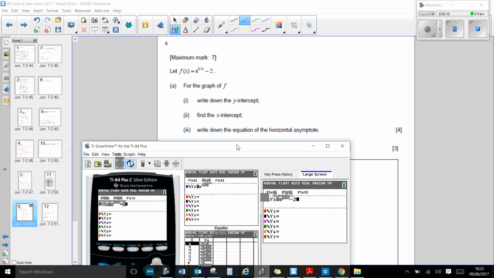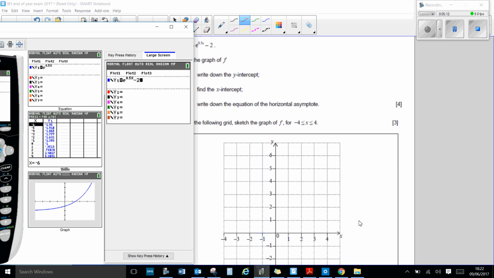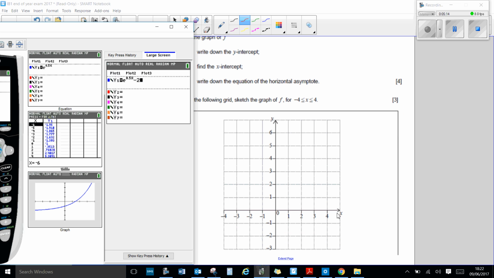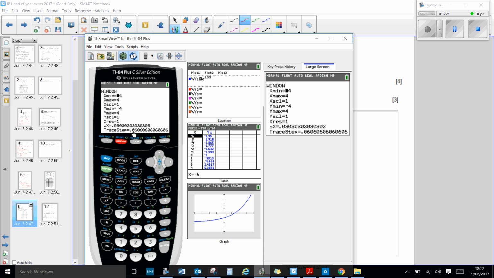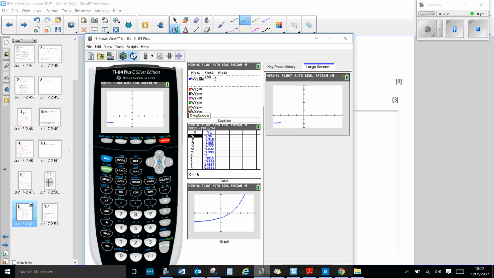If we're going to be sketching it at some point, let's look at which window we're looking at. So minus 4 to 5 on the x-axis, and then negative 3 to 7. Graph it.